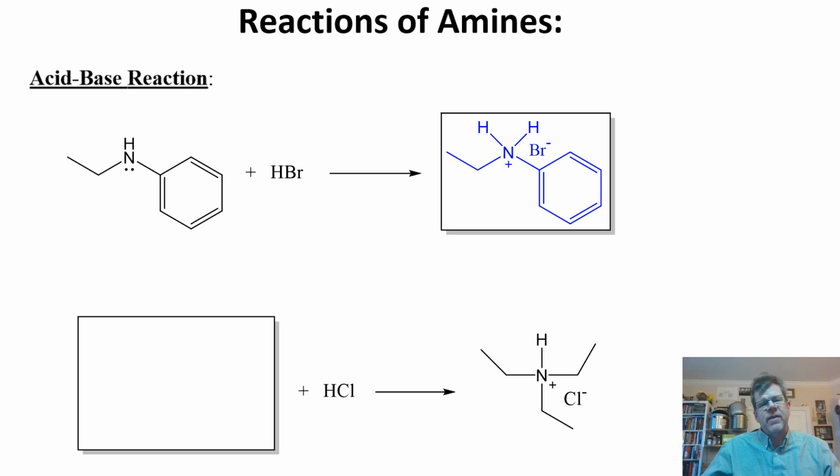Looking at the example on the bottom, we've switched it around a little bit. We have our what's in the box as a starting material. Something plus HCl gives this alkyl ammonium salt. So what do we have here? Well, that's going to be an amine in that starting material box, but we have to deconstruct this backwards.